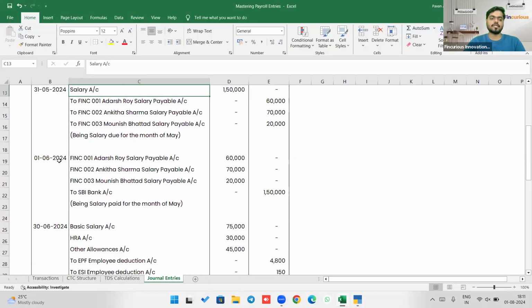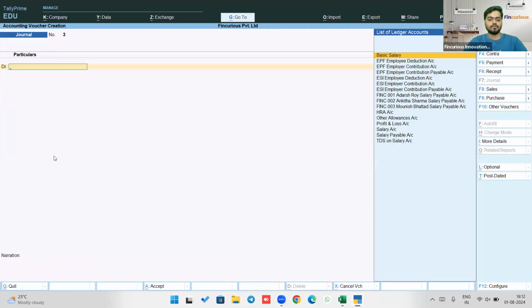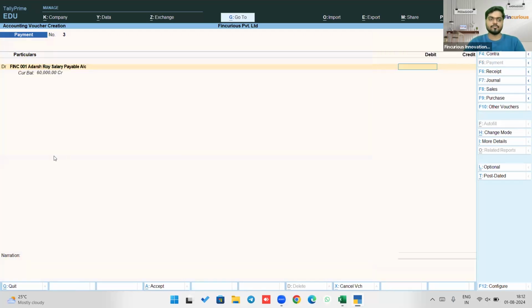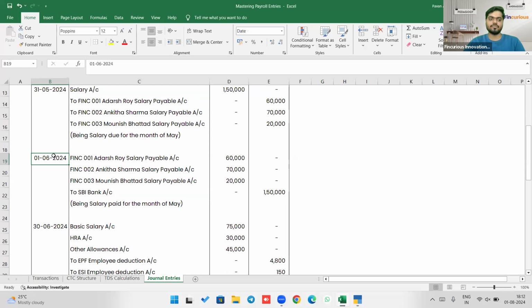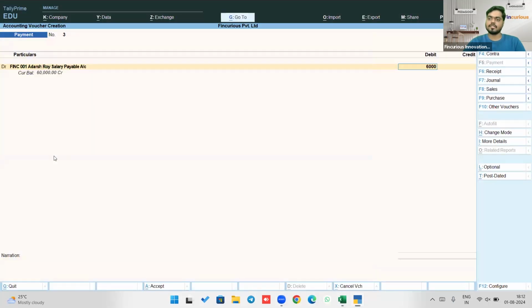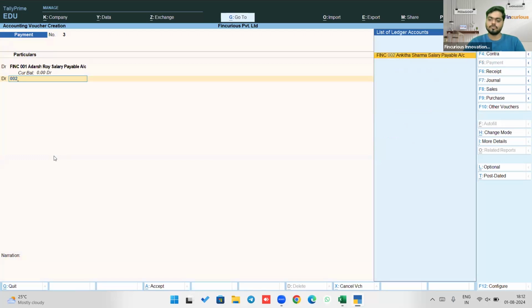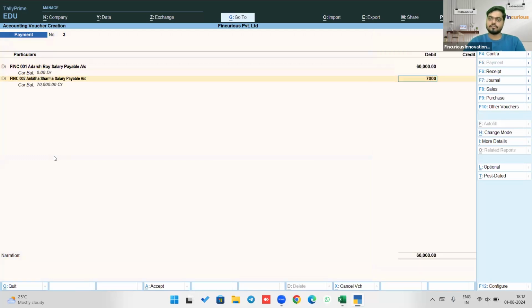What about the payment entry? That should be passed on the 1st of June. So in which voucher? Payment voucher, F5 voucher. What do I need to debit? All the salary payable accounts which I have credited in the previous entry, I will be debiting it back. 60,000. Again debit 002, 70,000.